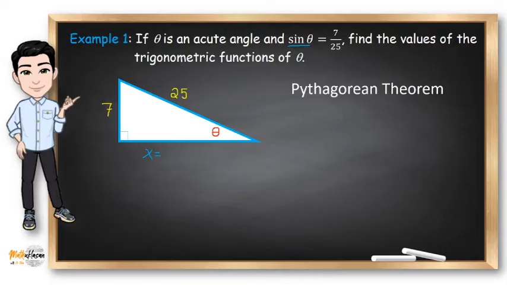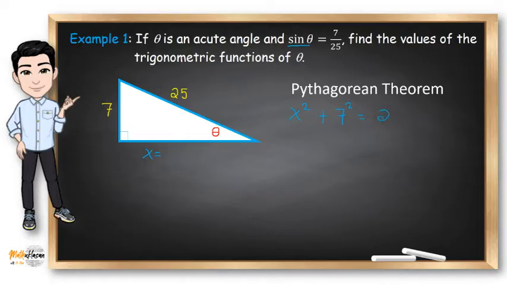And how do we use the Pythagorean theorem? Sa Pythagorean theorem, all you need to do is to get the sum of the squares of the legs. So, ibig sabihin, yung dalawang sides natin ay yung x at saka yung 7. So, kunin nyo lang yung sum ng kanilang squared. Ganun lang naman ang Pythagorean theorem, di ba? At equated lagi yung sum na yan sa square ng hypotenuse.